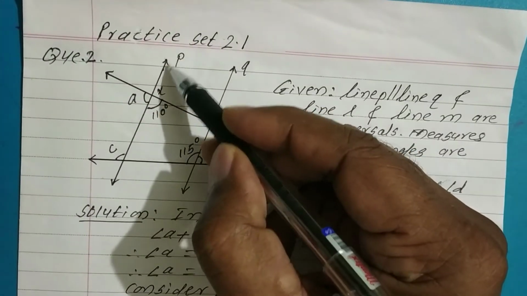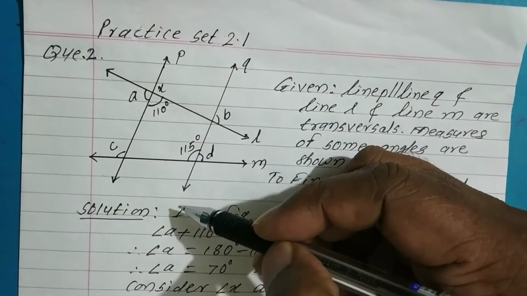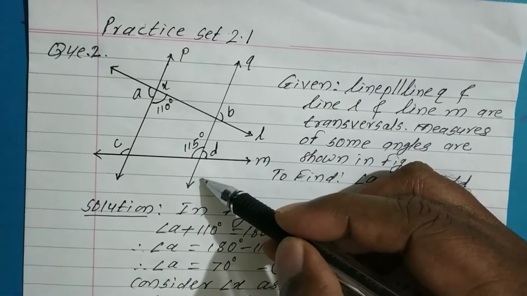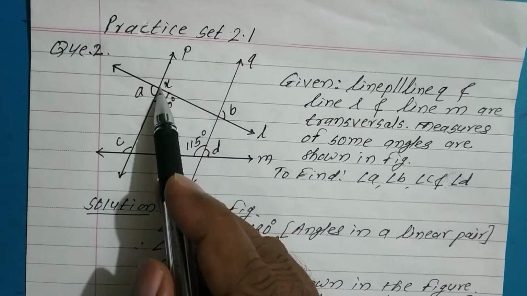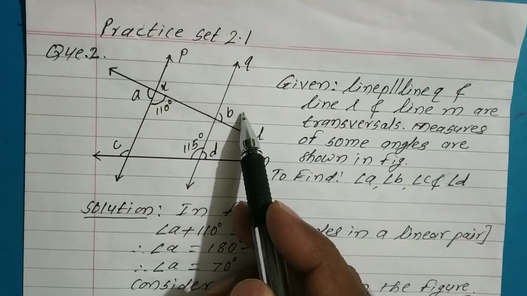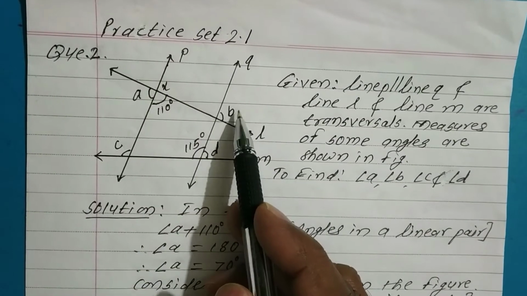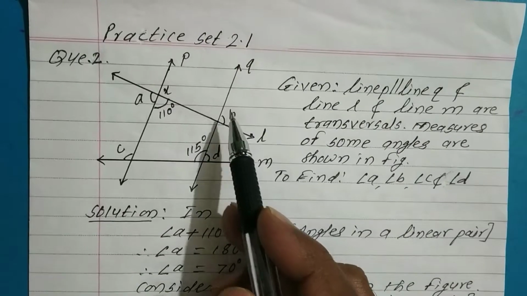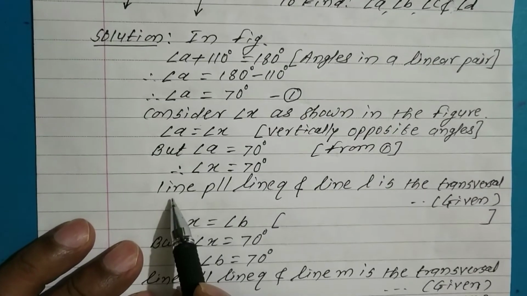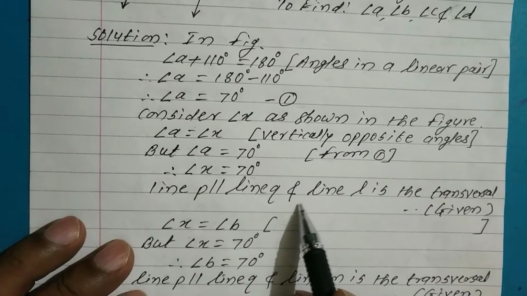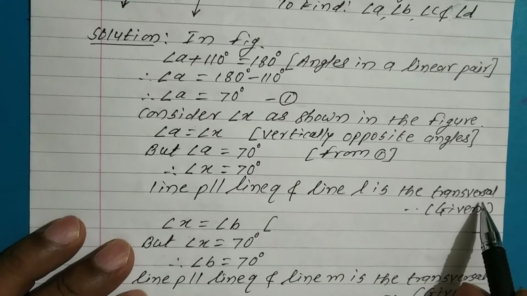In the figure, line P and line Q are parallel lines. Here angle X and angle B are the corresponding angles. By corresponding angle theorem, these two angles are congruent or equal. Hence you write in this way. Line P parallel line Q and line L is the transversal.